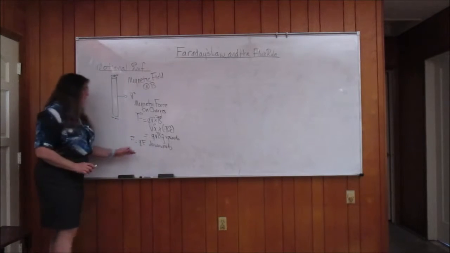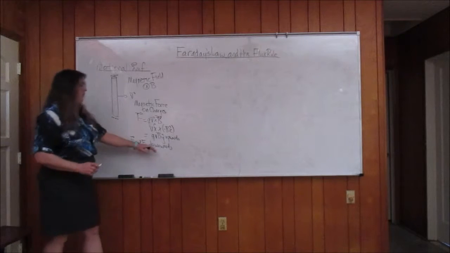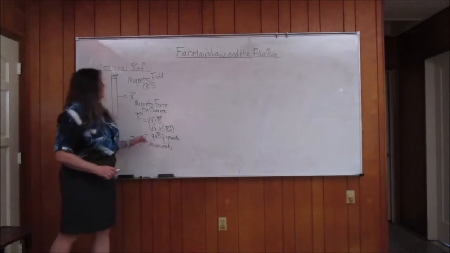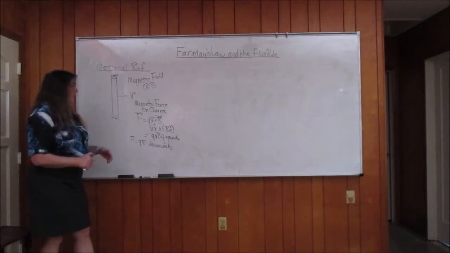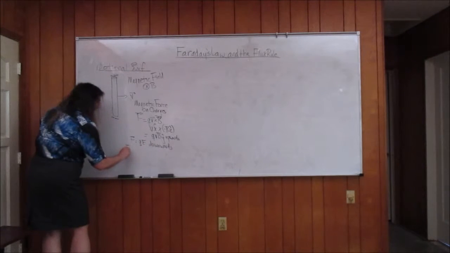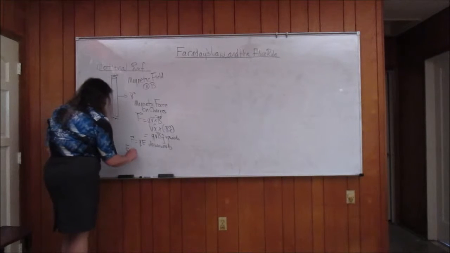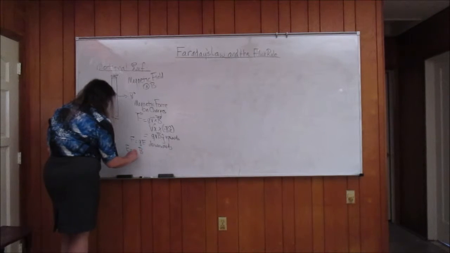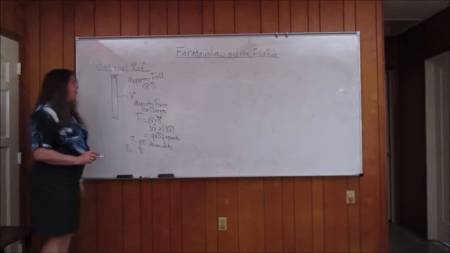At some point, this electric force downwards is going to counteract the magnetic force upwards, and therefore when the electric field magnitude is equal to the speed times B, you will have reached an equilibrium.